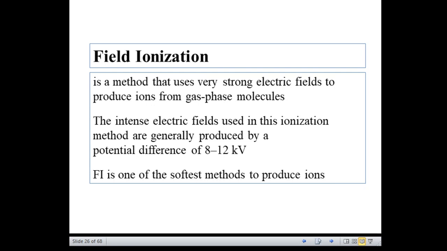Thermal decomposition of the analyte can occur during its evaporation prior to ionization. Therefore, field ionization allows molecular species to be easily recognized only for compounds that are sufficiently volatile and thermally stable.